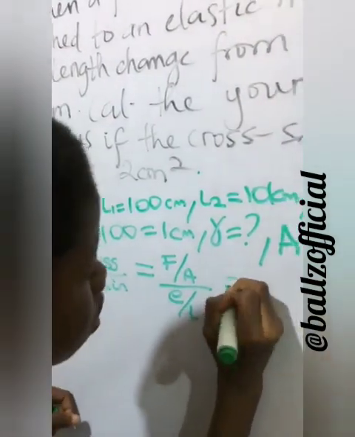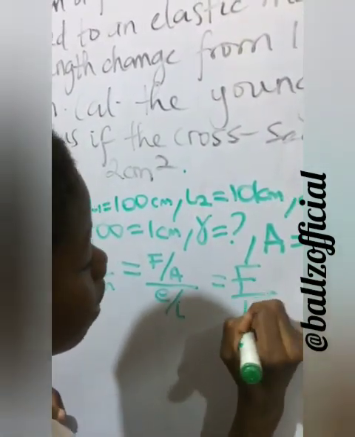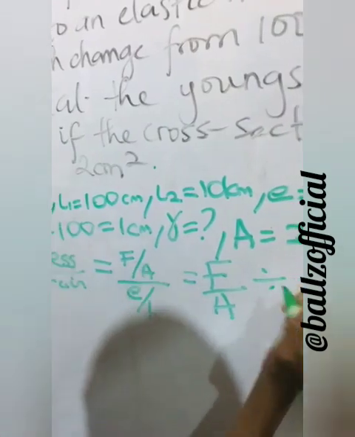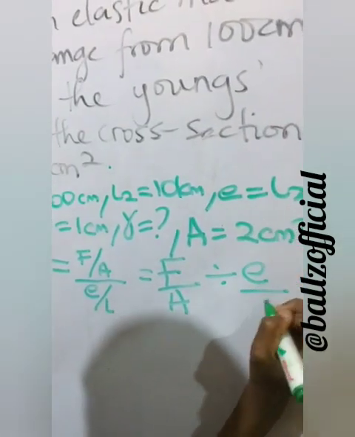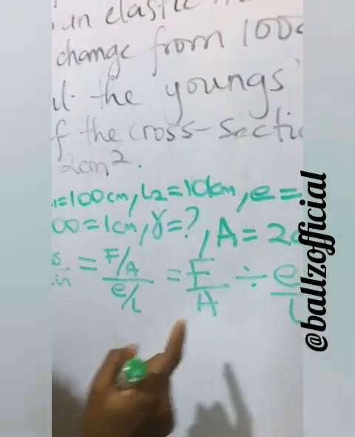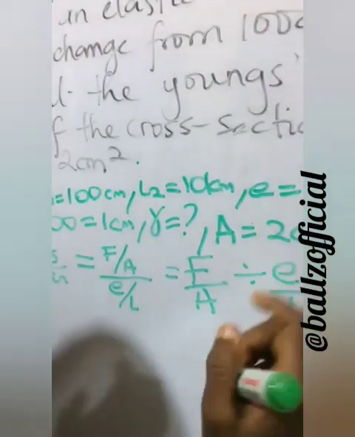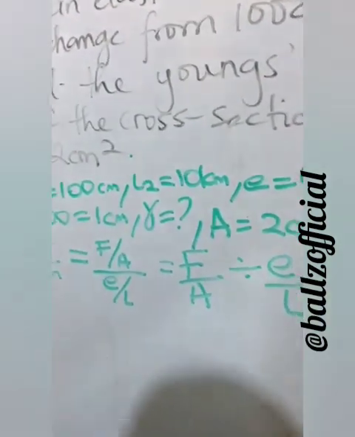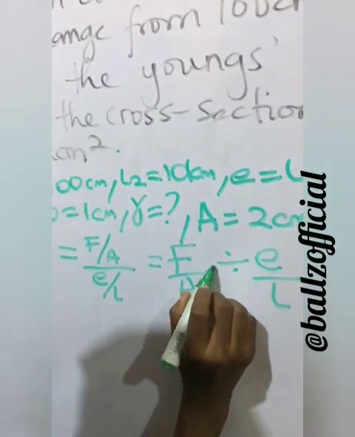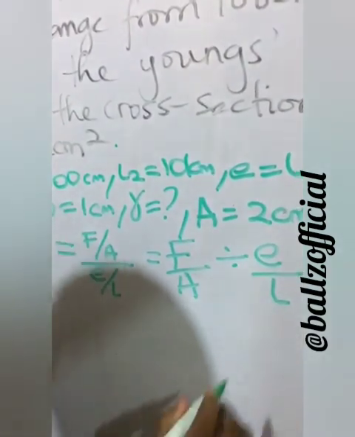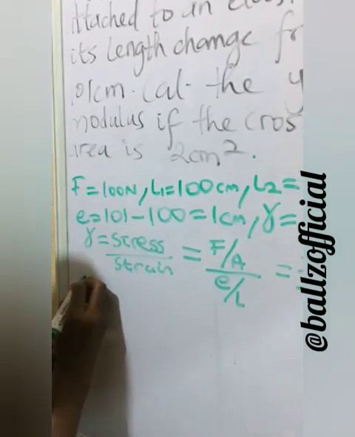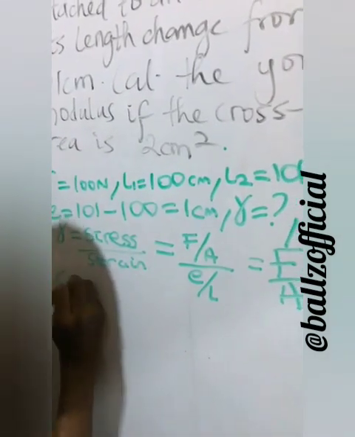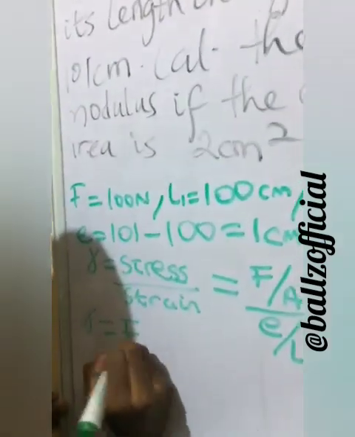So we'll bring it out as force over area divided by extension all over length. So you know we can't take divides to just be times and go say force over area times extension over length. No. So to change divide to times, we are going to have to invert. Therefore, Young's modulus is equal to force over area.